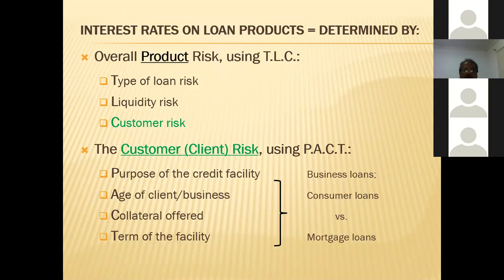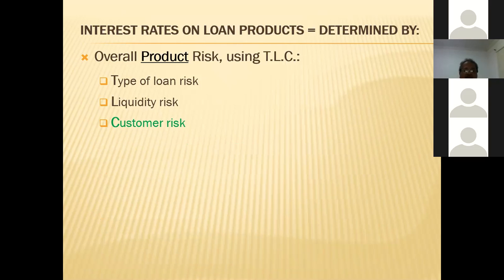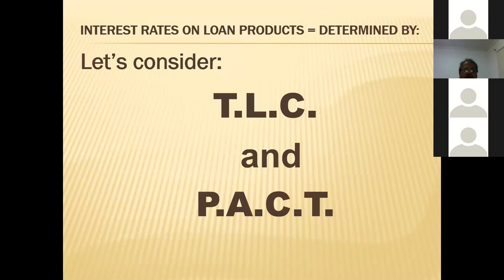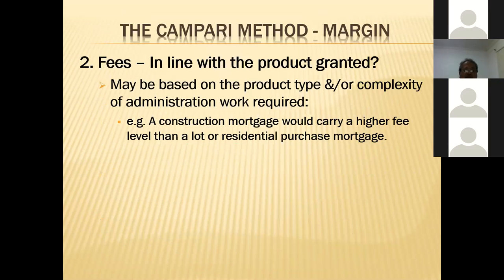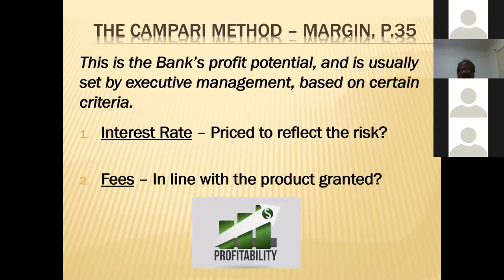Yes. Now remember, I said from the inception that this is the bank's profit potential and is usually set by executive management based on certain criteria. So what we're looking at is how executive management makes those decisions.